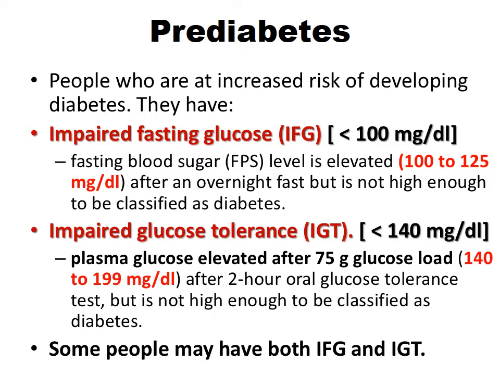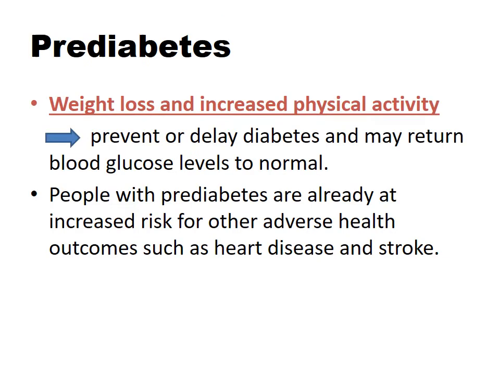Some people may have both impaired fasting glucose and impaired glucose tolerance. Pre-diabetics can be treated or advised to have weight loss and increase their physical activity.